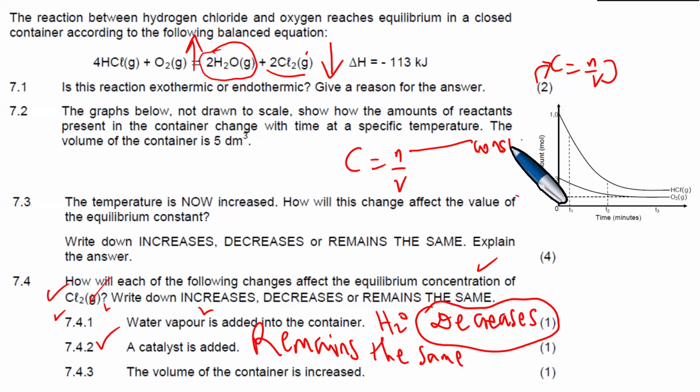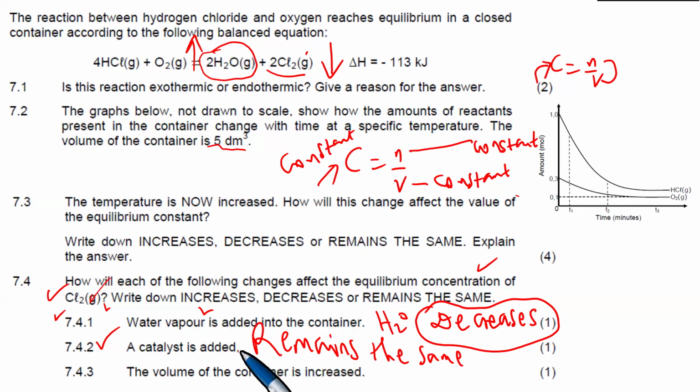But also if the number of moles is constant, the volume is also constant. Why? The volume is constant because we're not told that the volume of the container is changed. I'm trying to say the number of moles and the volume are both constant, which means that concentration itself is also constant.